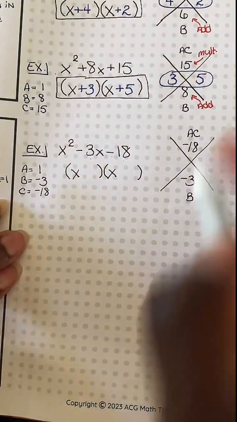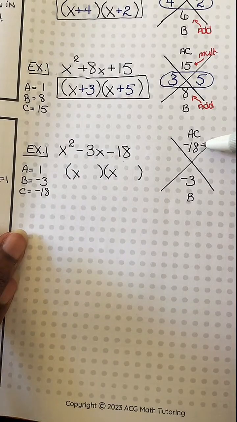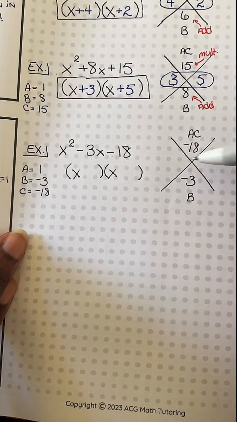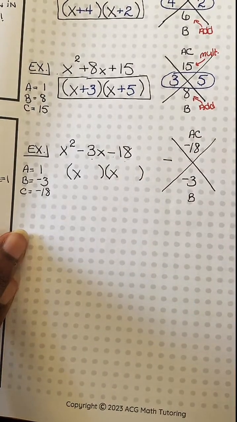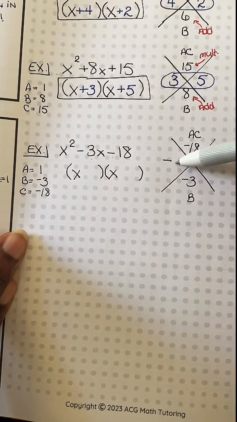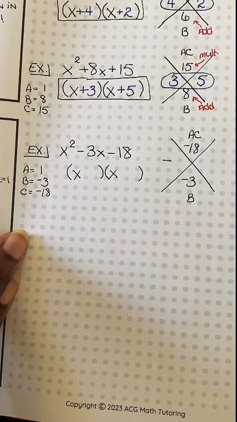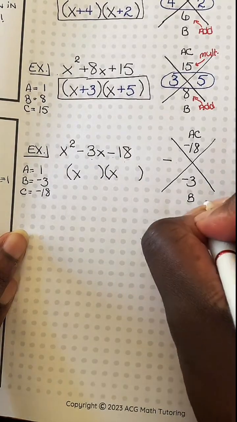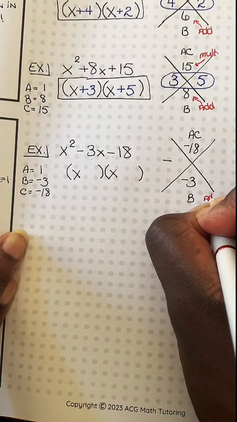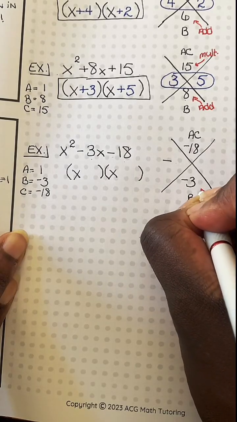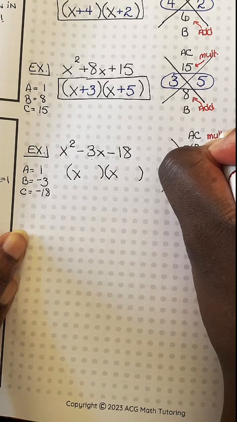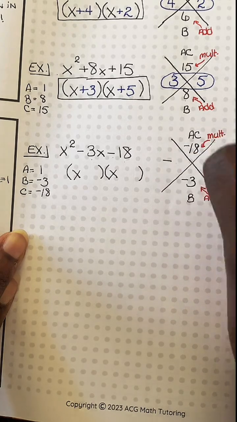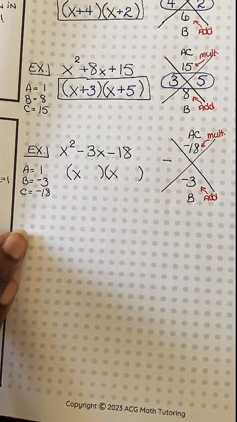Since this number is a negative number, one of my factors is going to have to be negative. And they're going to have to add together to give me my negative 3. Although the signs are opposite, you're still dealing with multiplication and you're still dealing with addition.